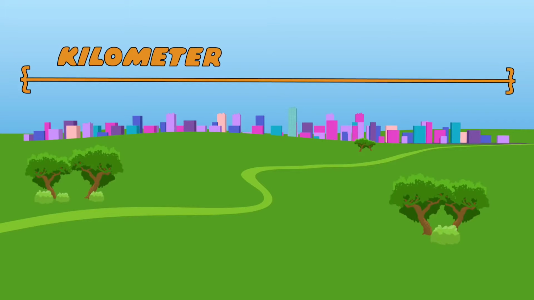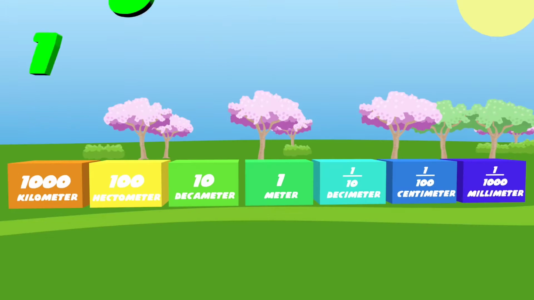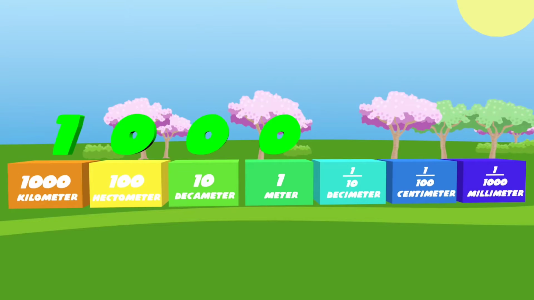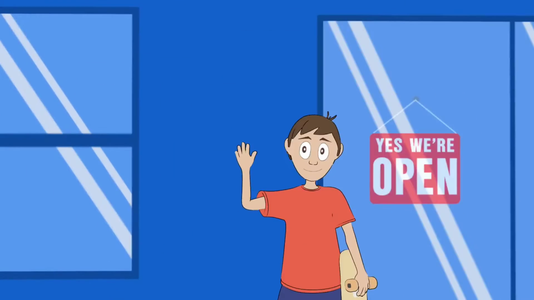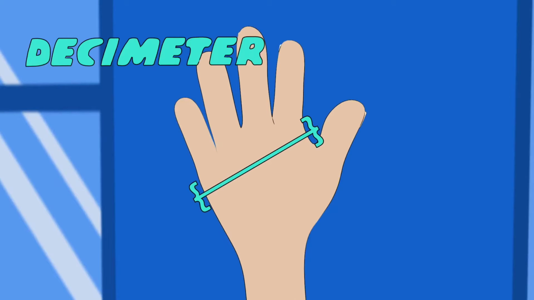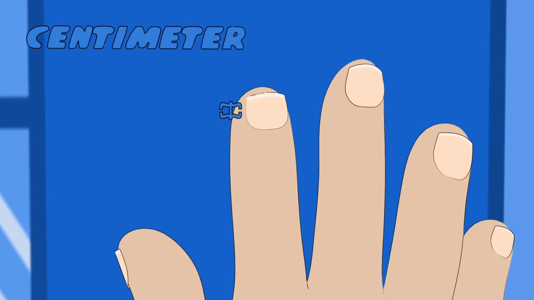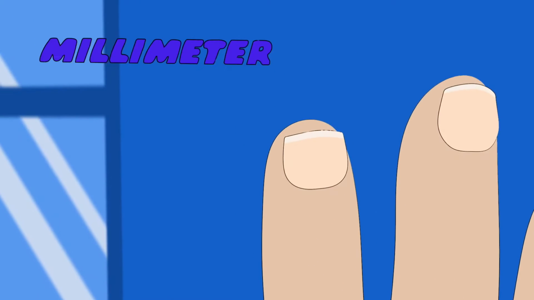And here is how we remember. 1 decimeter's 1/10 of a meter. 100th is a centimeter. 1 millimeter's 1,000th of a meter.